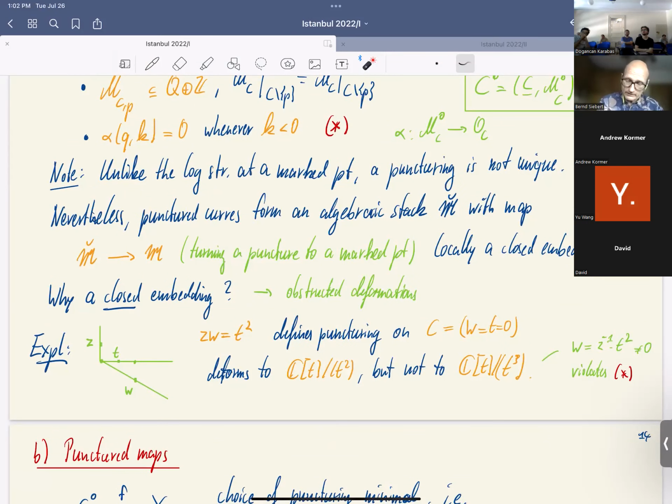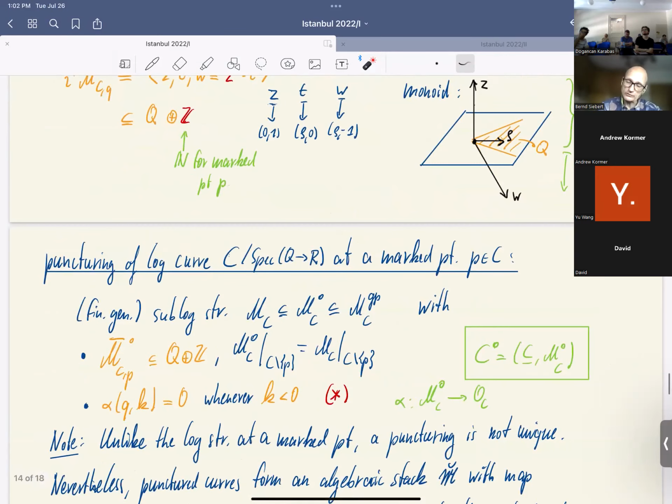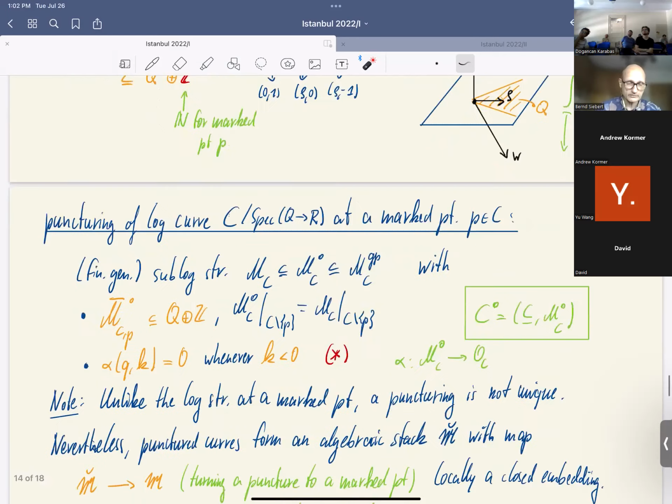Nevertheless, you do get an algebraic stack of punctured curves and a forgetful map, forgetting the puncturing, so turning a puncture point into a marked point, which locally is a closed embedding. That reflects the fact that everything you're doing is completely determined by discrete choices. Essentially you have to choose your enlargement of your monoid Q direct sum N, and that will fix everything.